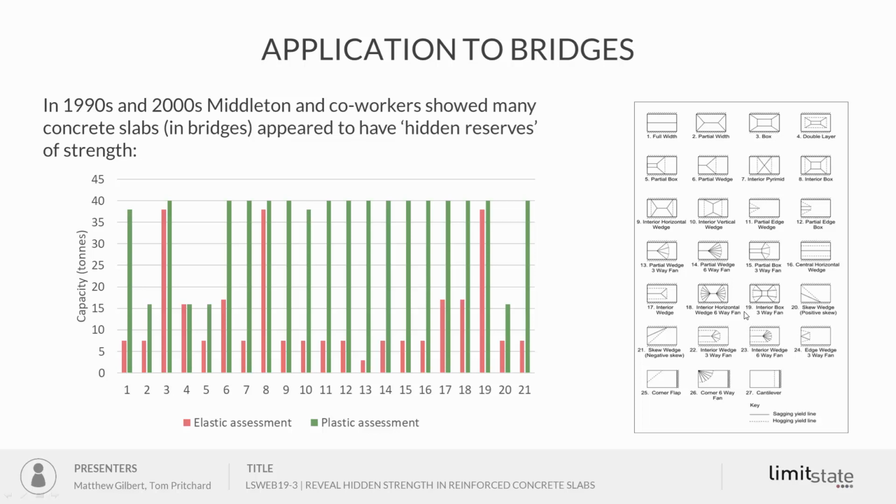The downside is, what if there's a mechanism number 28, number 29, number 30, which is not listed on the internal library of collapse mechanisms, which is actually critical in the case of the bridge that you're faced with. So useful, but there's a danger still that you might miss the critical yield line pattern.